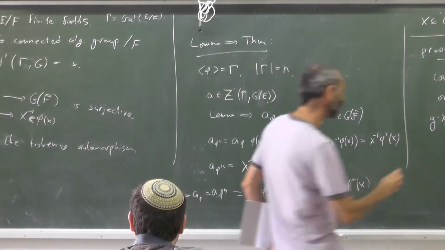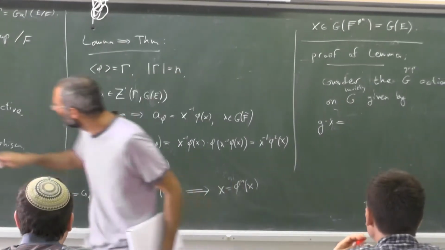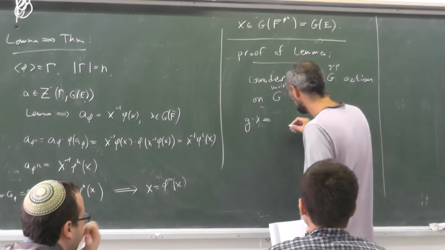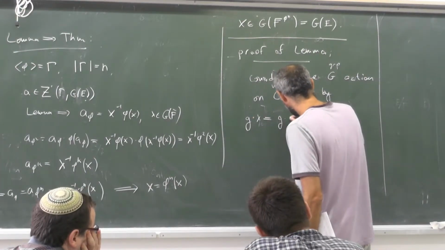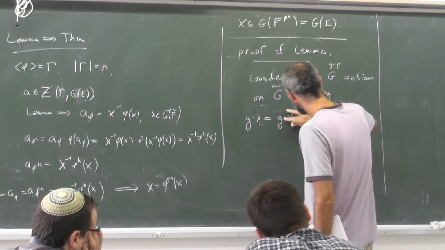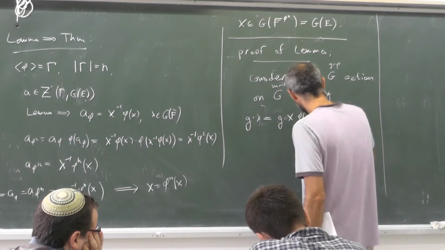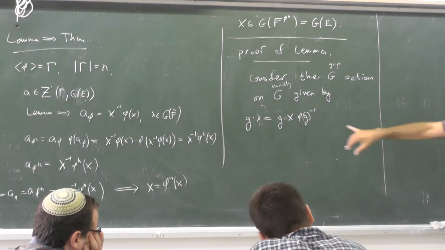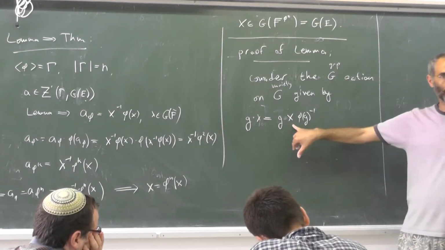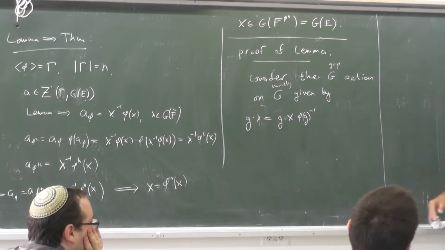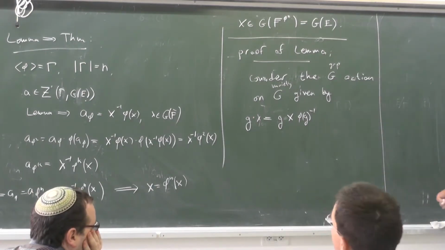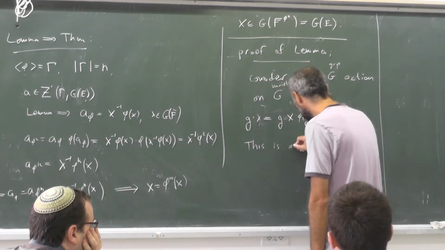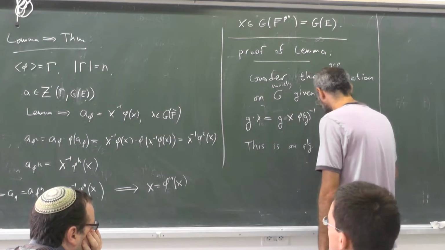So let me define it. The way it is written here, it's not an action, it's an anti-action, so I make a slight change. So this would be g x phi(g) inverse. Again, I'm thinking of g as the group element, x as the point, and do we agree that this is a group action? And the thing is, this is an algebraic action.